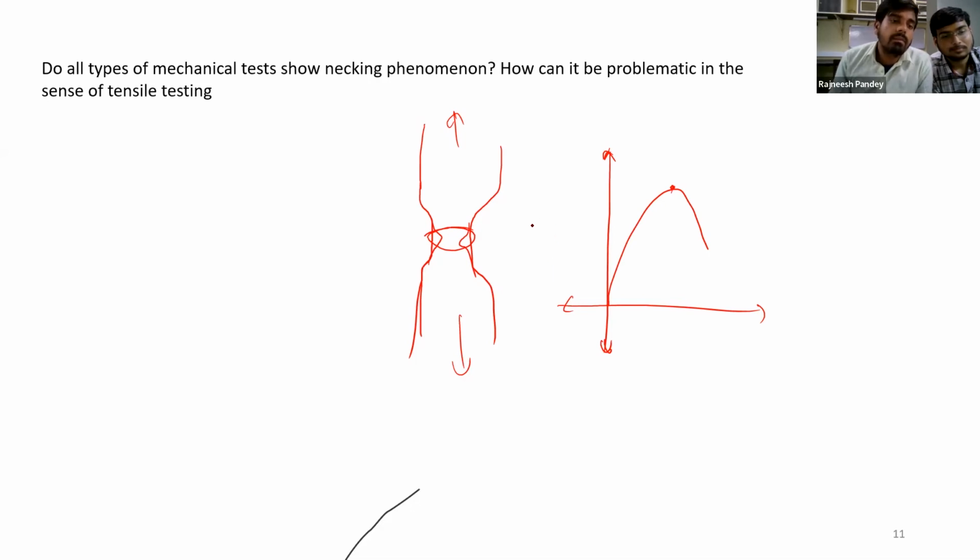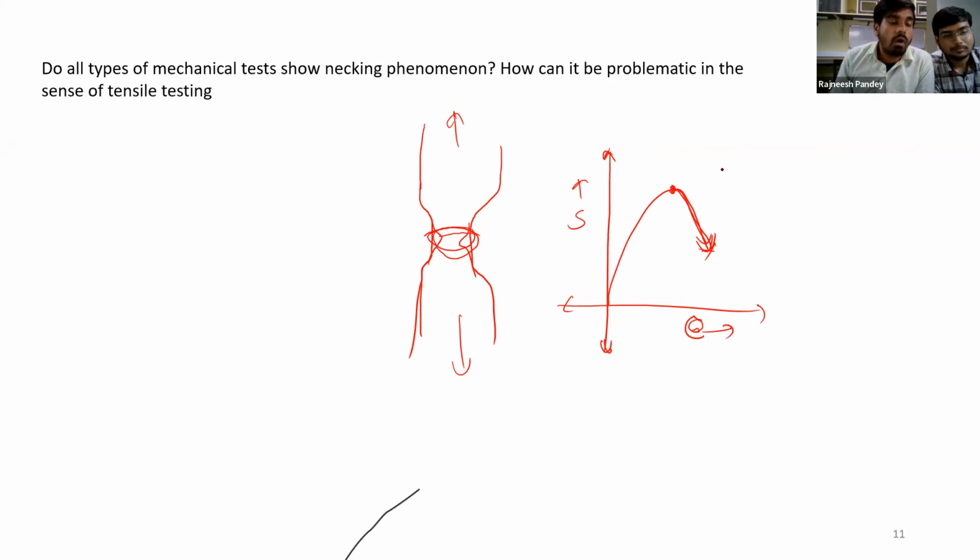Cracks develop at some particular locations, and they accumulate, and after some time you get the failure. So this is basically necking, and after this UTS point, in the engineering stress-strain curve you will see a downfall of this curve. Okay, so that is the reason.